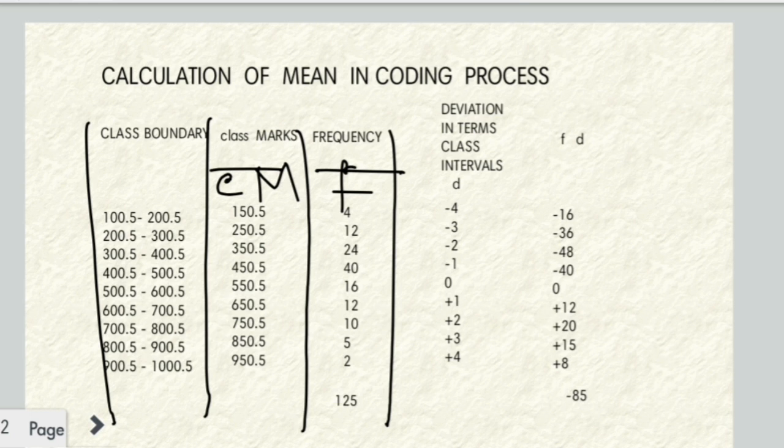Here we calculate D in the same process. At first we calculate the assumed mean, and in group data we identify the middle observation of class marks, and it is the assumed mean.